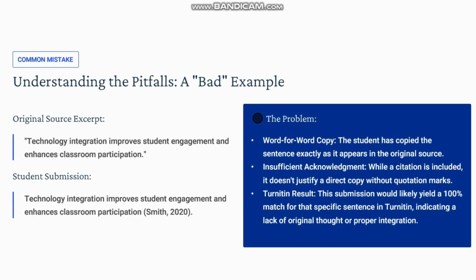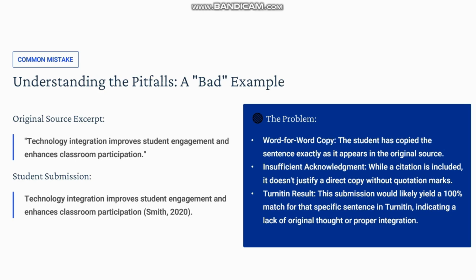Also, the students may have insufficient knowledge of whatever they are copying. Most students just copy and paste. And as a result of that, when you submit your work for Turnitin check, it's going to give a high similarity index. Take for example, if we say technology integration improves student engagement and enhances classroom participation.